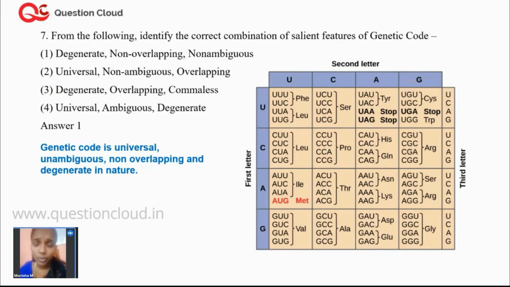Okay, so let's move on to the next question. That is, from the following, identify the correct combination of salient features of genetic code. Okay, so if you remember what is a genetic code, it's actually the code which is present in your mRNA molecule. mRNA is again made up of nucleotides.